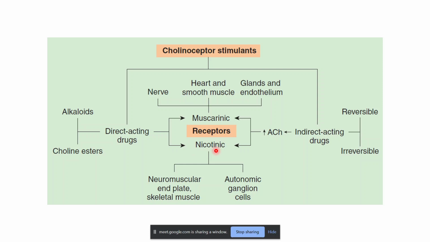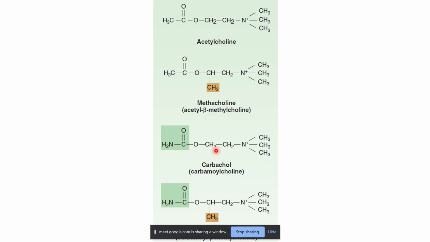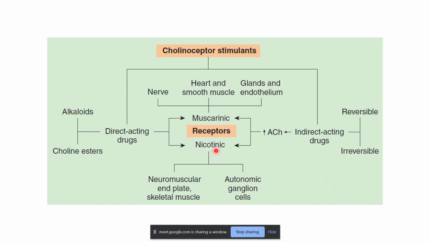Muscarinic receptors contain 7 transmembrane domains whose third cytoplasmic loop is coupled to G-protein that function as the transducers. This receptor regulates the production of intracellular second messengers and modulates certain ion channels via the G-protein.